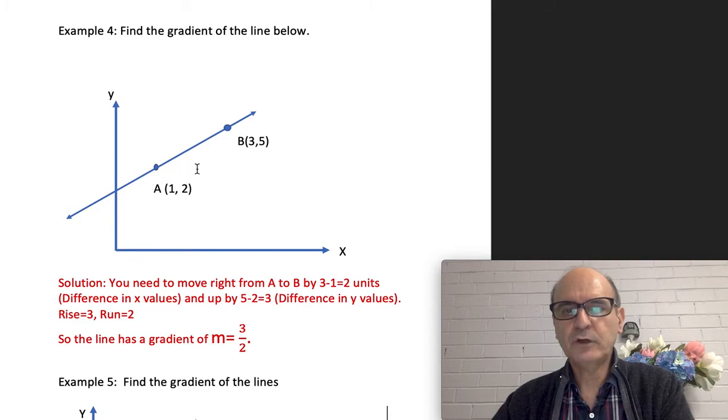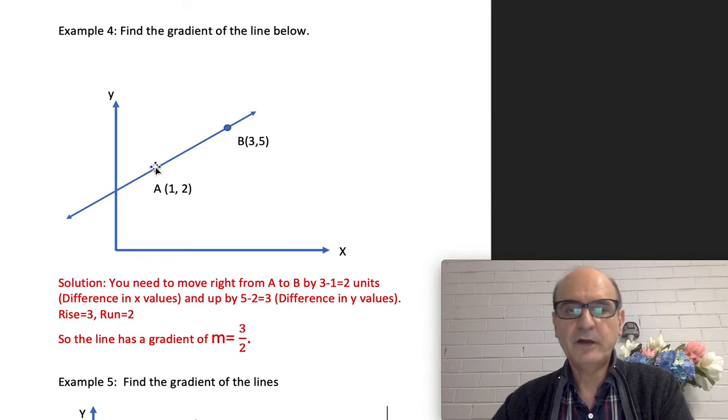How much do I go across? This time, how much I go across is equal to the difference in the x's of 2 points. What's the difference between 3 and 1? That is 2. 3 take away 1 is 2. That means my run is 2.